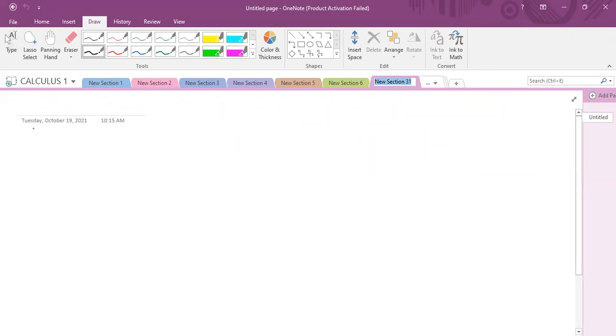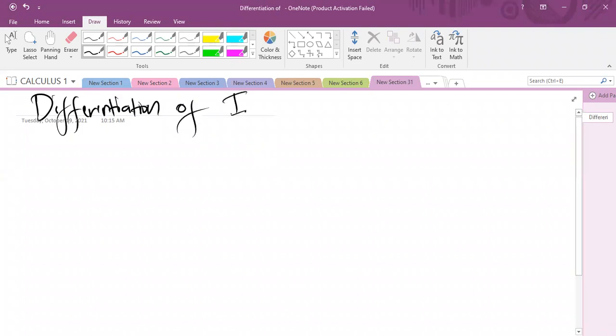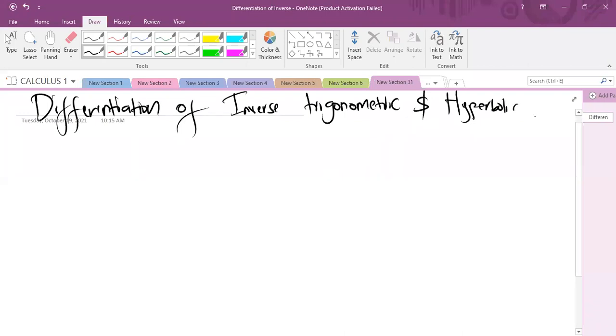There's a whole table on that, so you can draw it.